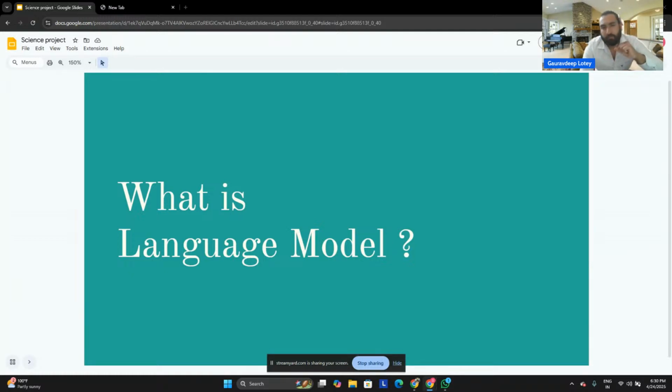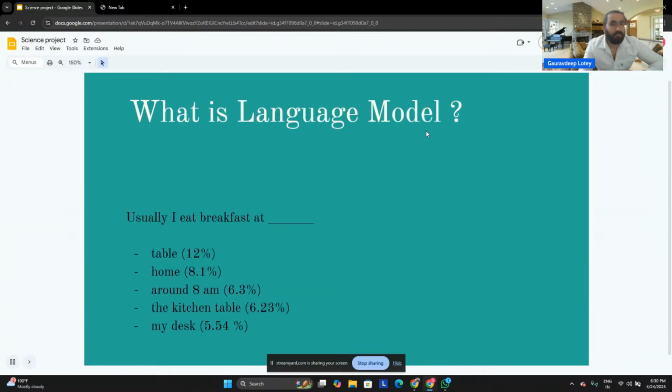All right, so coming back to what language models in NLP are to begin with. They are the fundamental core components. They are designed to understand, generate, and predict human-level language. For example, if I have a statement where I have to predict the next word: "Usually, I eat breakfast at."